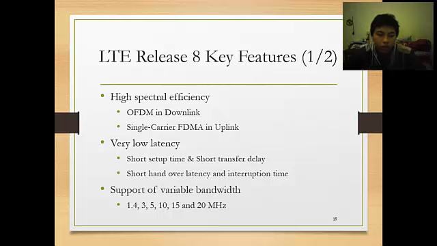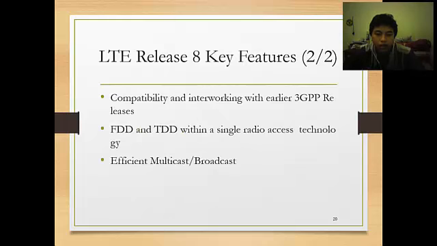Number 3 is support of variable bandwidth: 1.4, 3, 5, 10, 15, and 20 MHz. Number 4 is compatibility and interworking with earlier 3GPP releases. Number 5 is FDD and TDD within a single radio access technology. Number 6 is efficient multicast or broadcast.